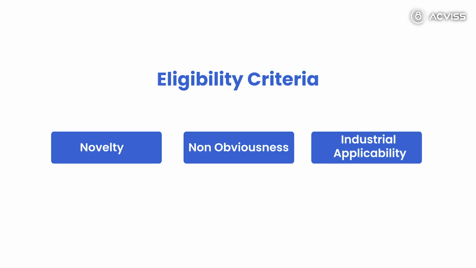Now what is exactly patentable? There are very few criteria to it. The first one is that an invention must be novel, meaning that it has not ever been disclosed in the public domain, or had any existence in the public domain before that patent application has been made.